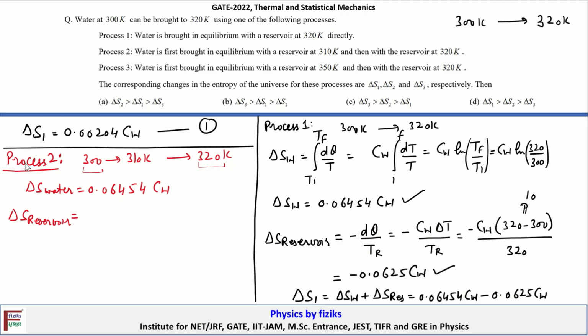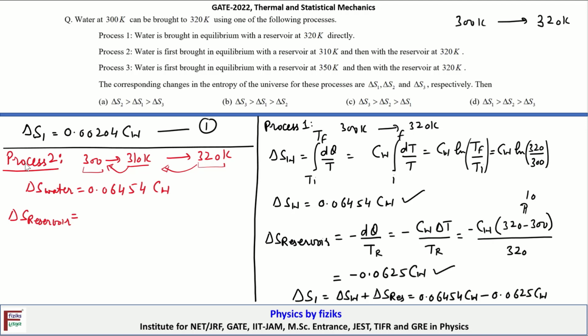The reservoir at 310 Kelvin first loses heat to the water which is at 300 Kelvin, and when the water has acquired a temperature of 310 Kelvin, it again gains heat from the reservoir which is at 320 Kelvin. Both reservoirs, at 310 Kelvin and 320 Kelvin, lose heat to the water.